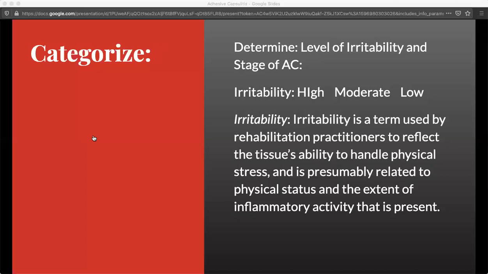So how much inflammation is present inside is reflected in how much they are able to move and use their arm. High irritability: even moving their arm a little causes a lot of pain. Moderate: they can move a little, but it's still painful. Low: they can do a lot, it's not as painful. Each irritability level has certain signs and criteria that we'll discuss now.